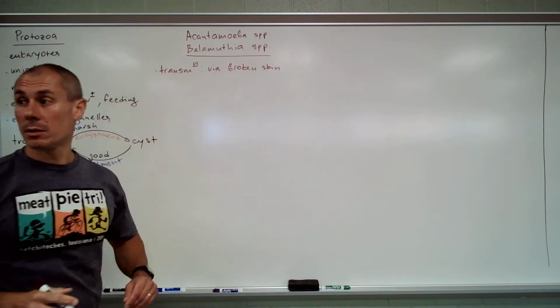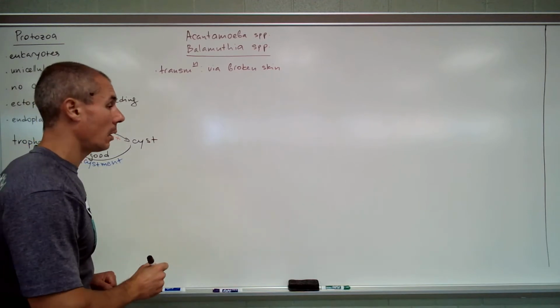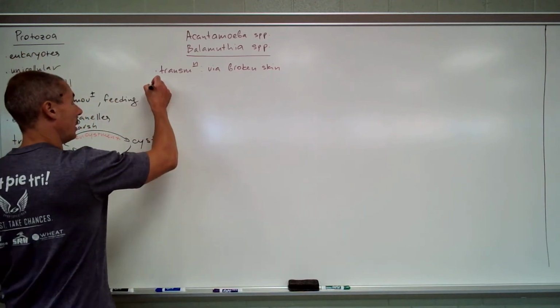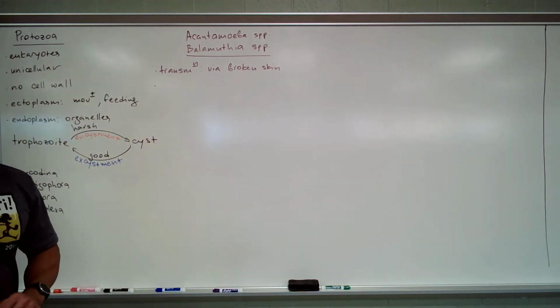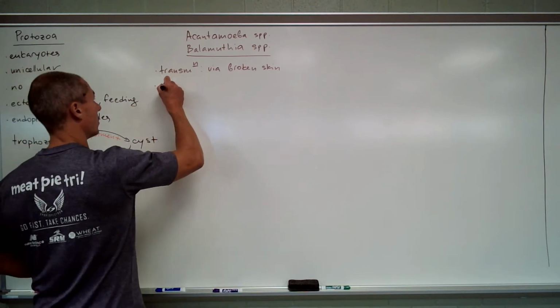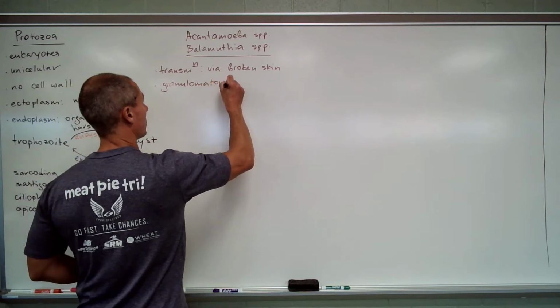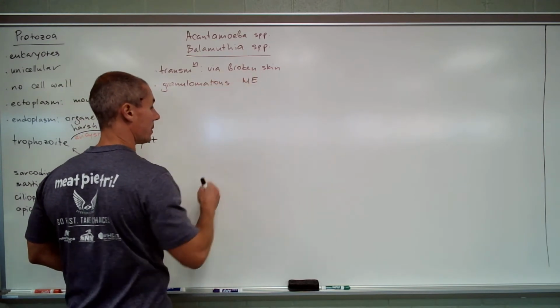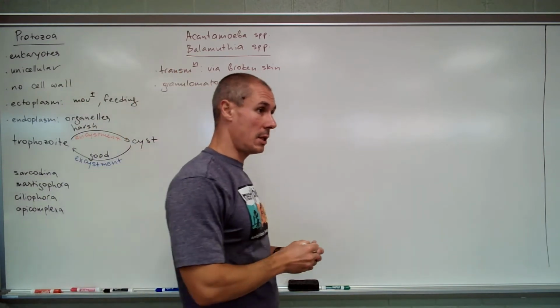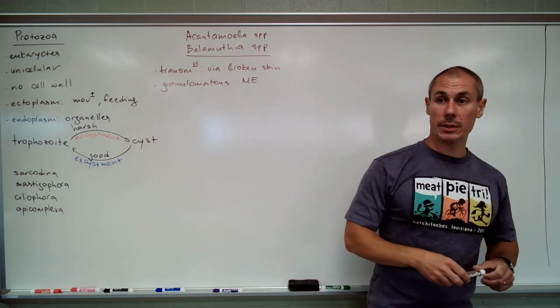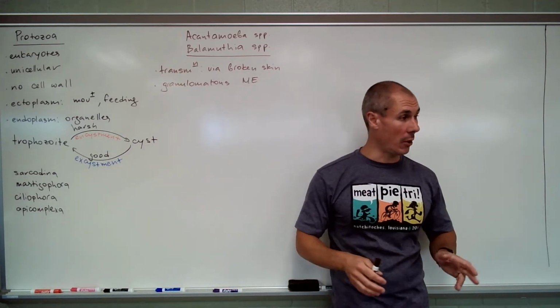Okay? They get into the circulation and are delivered by blood into the brain, which results in granulomatous meningoencephalitis. The name for this disease is GAM, granulomatous amoebic meningoencephalitis. It's a mouthful, I know.